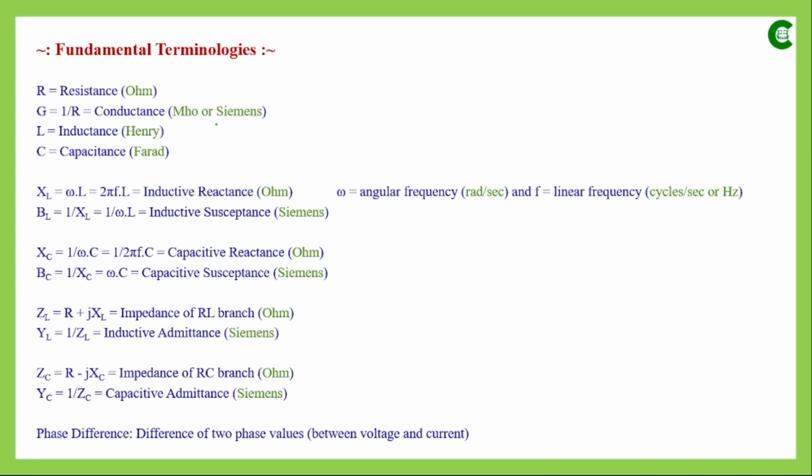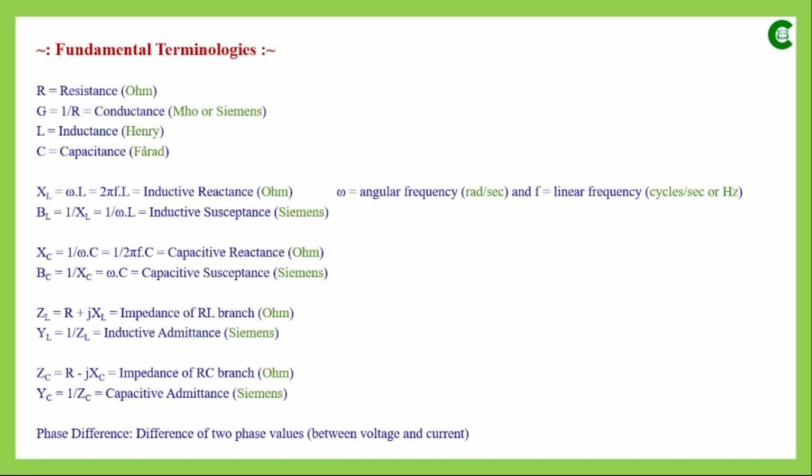Now the next component that we have in our AC circuit is the inductor, and inductance is the property of a conductor by virtue of which it opposes any change in magnitude or direction of the electric current that passes through the conductor, and the unit of inductance is Henry.